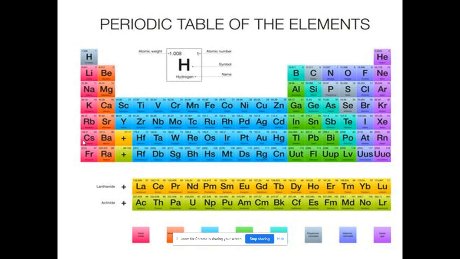Alkali metals are soft silvery metals that are extremely reactive. All these elements are organized into a group because they have similar chemical properties and all of them react in a similar way.